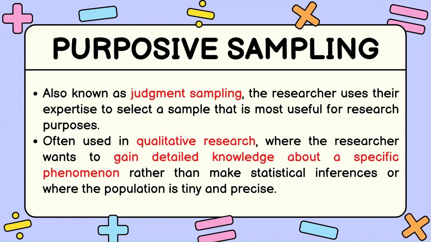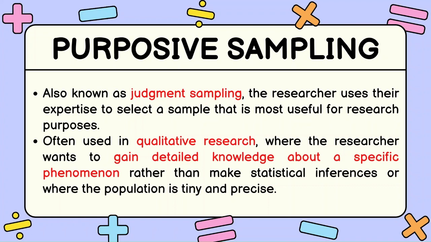Okay, next type under non-probability sampling is purposive sampling. It is also known as judgment sampling, in which the researcher uses their expertise to select a sample that is most useful for research purposes. In purposive sampling, it is the researcher who chooses who will participate in his or her study.